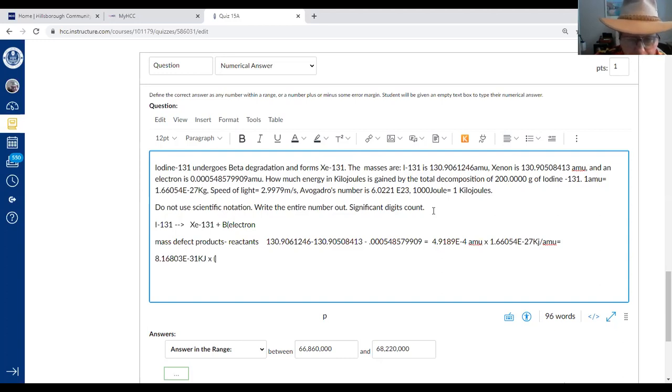I multiply this by 2.9979 e to the 8th, quantity squared.